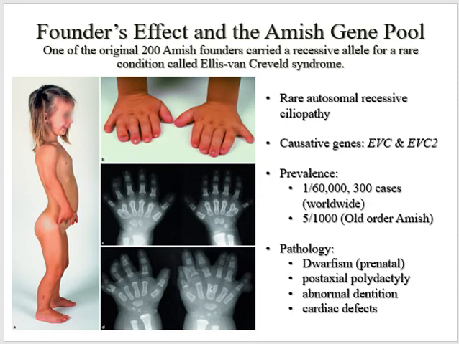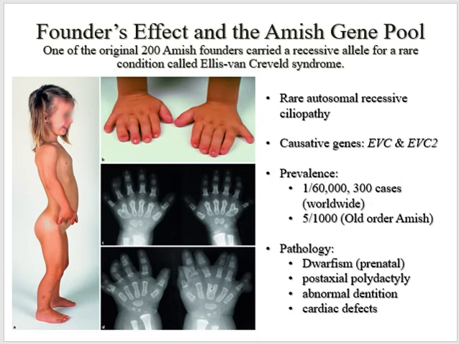But again, this is an interesting case of a genetic disorder that is now extremely present in a population because of this example of founder's effect, right? A small subset of an original population moved out of that original population, established a new population, and that new population was created by a small number of individuals.